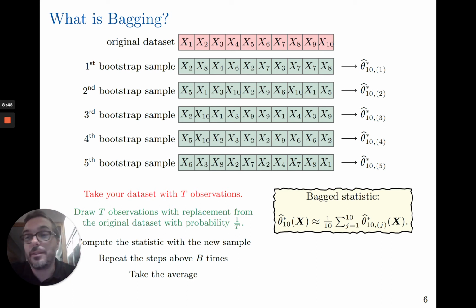What's this statistic? It can be any statistic. In our case here, it's a forecast, it's a prediction. And we want to reduce the mean squared error of this prediction. That's the goal. But this can be any statistic that you wish to compute in each bootstrap sample.